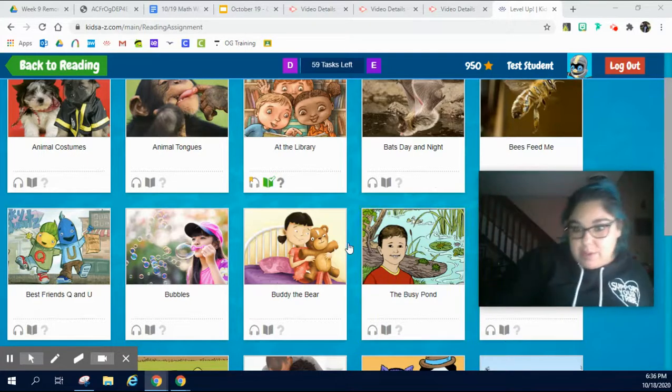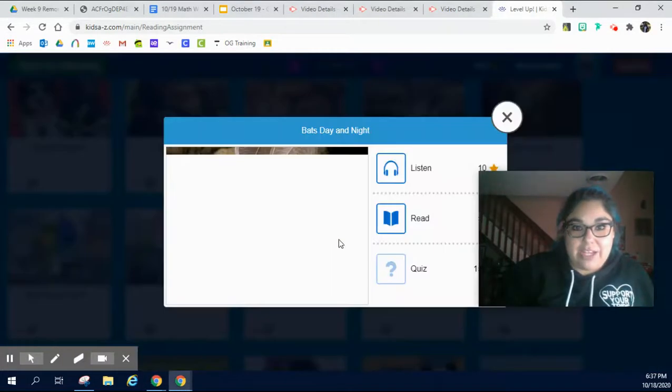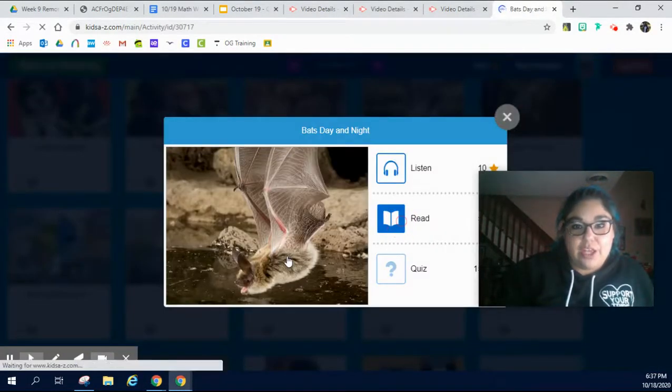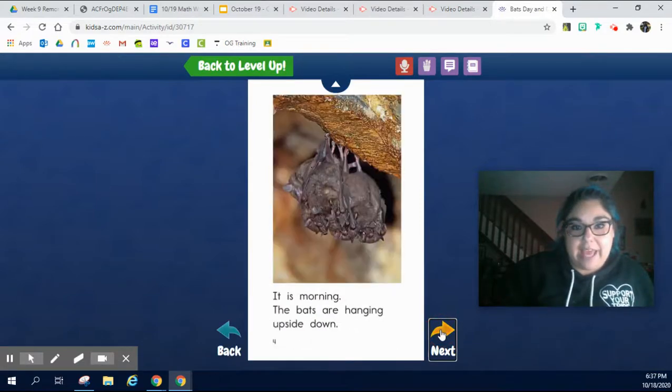So I'm going to give you some vocabulary for our nonfiction books. And then you are going to choose one of these books and pick out.